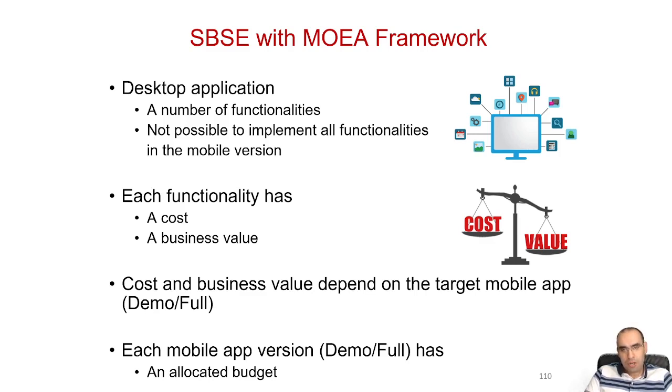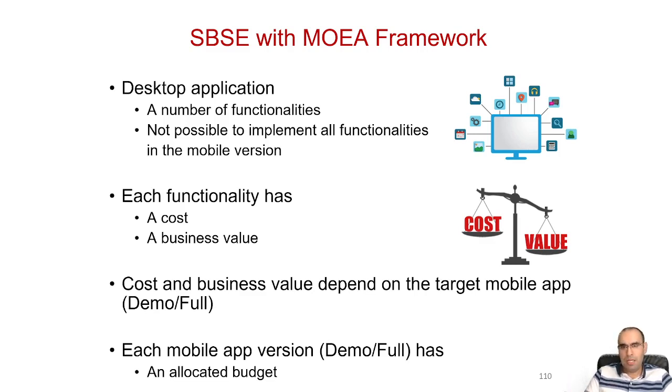So each available functionality has two main aspects that should be considered, which are the cost and the business value.